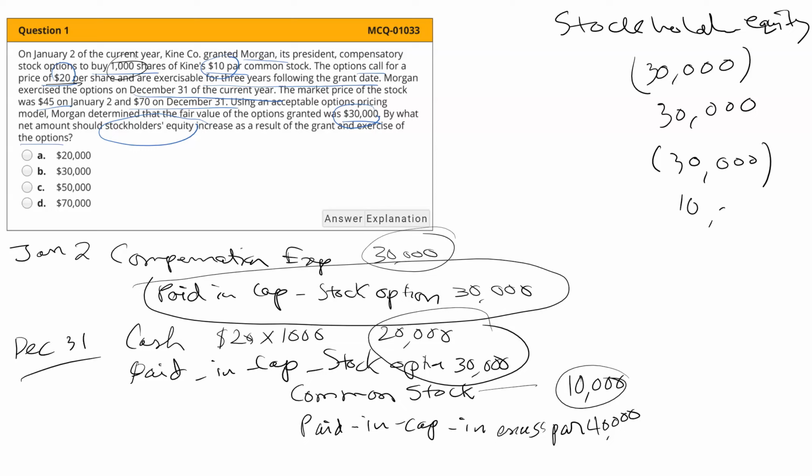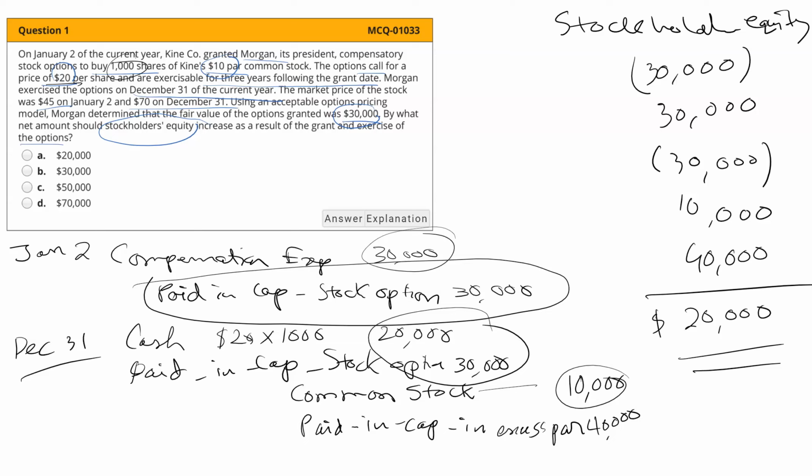It will increase our stockholders' equity, and the remainder we credit as paid in capital in excess of par, so it will also increase our stockholders' equity. So now if you do the numbers, you will see this 30. So ultimately the stockholders' equity will be increased by $20,000 at the end of the year as the CEO exercised those stock options.